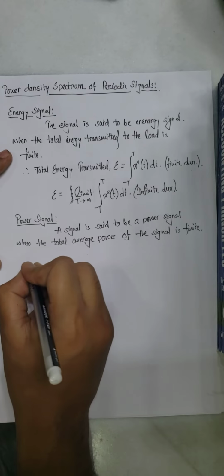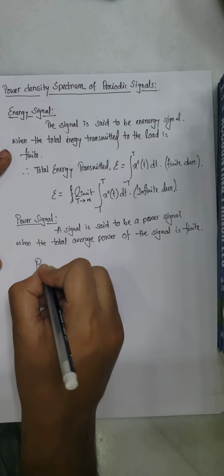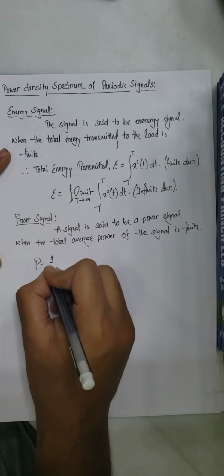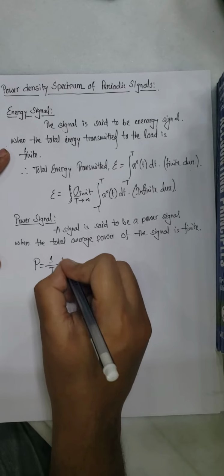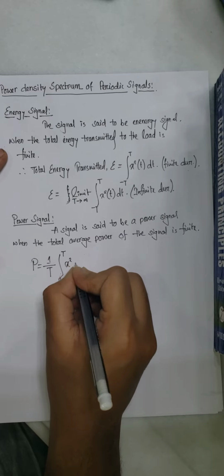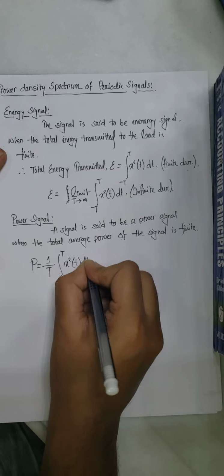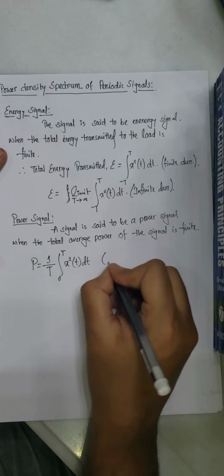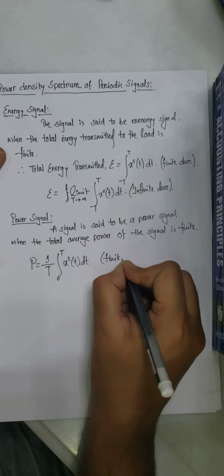Mathematically, the power signal can be written as P equals 1 over T, where T being the time period, integral 0 to T, x squared t dt. This is for the finite duration.